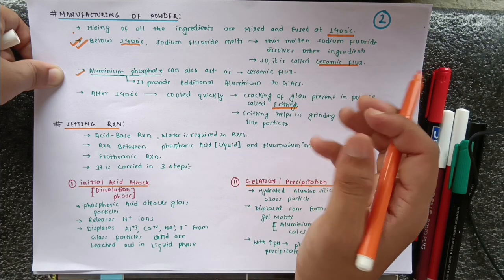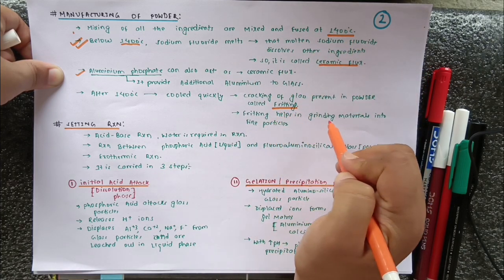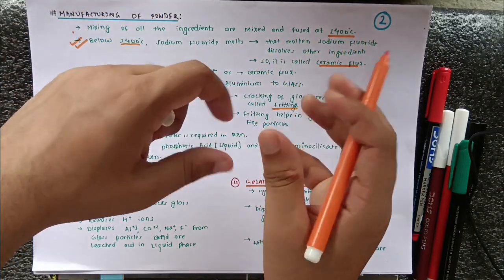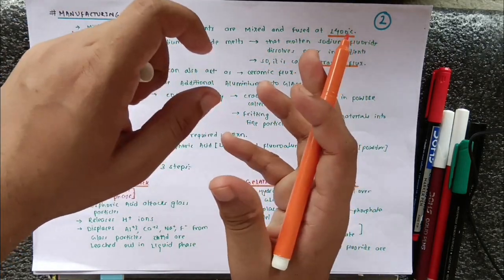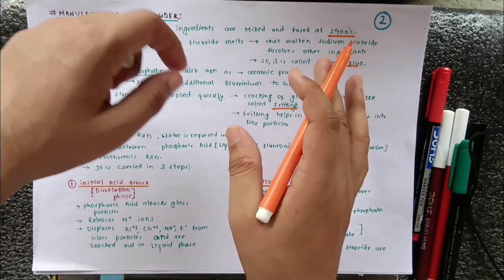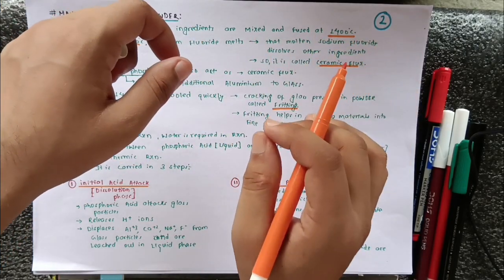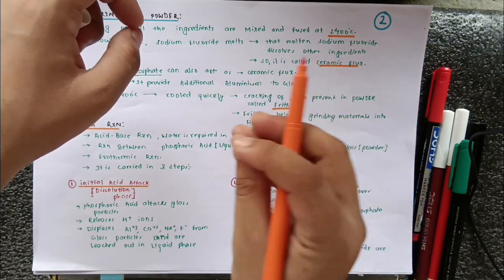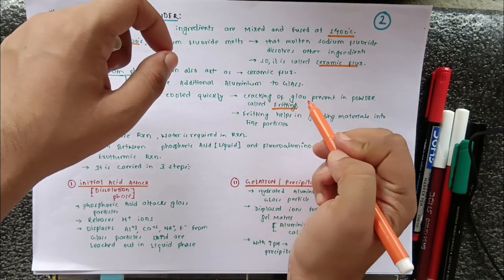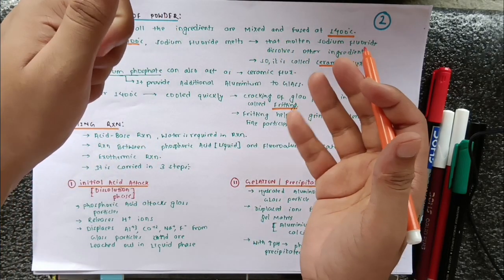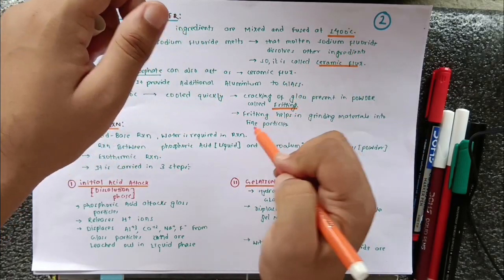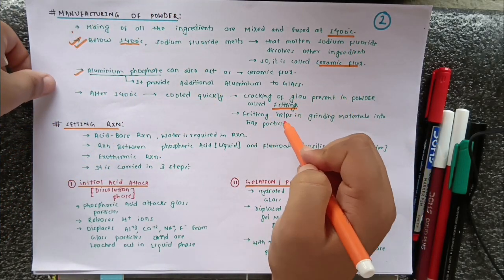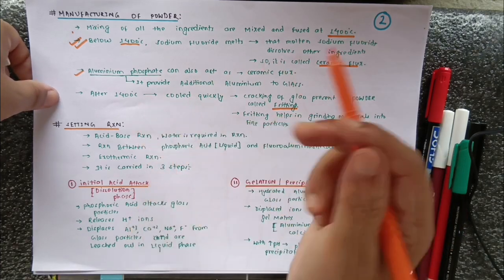Think of it this way: when we melt anything and that melted substance is cooled quickly, quenching is done. This is the particular technical term, quenching. After we cool it quickly, there is cracking of the glass. Those cracks help in the grinding of materials into fine particles, so fritting helps in grinding of materials into fine particles.